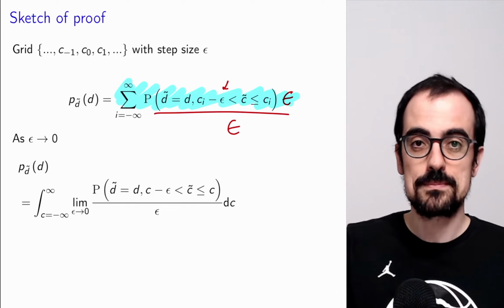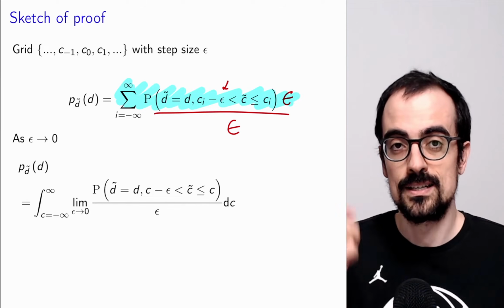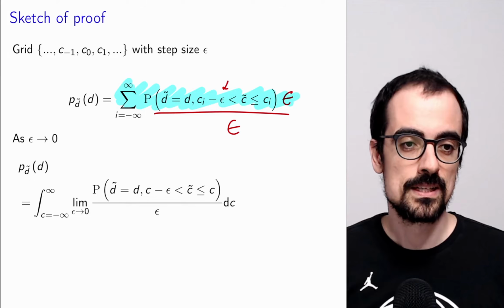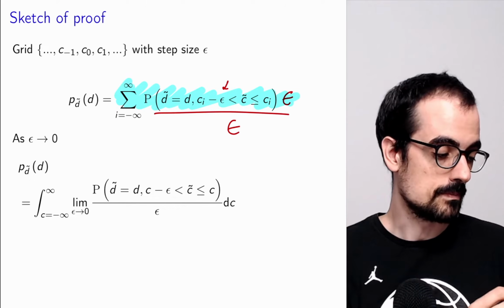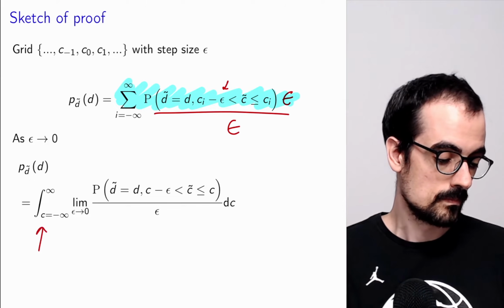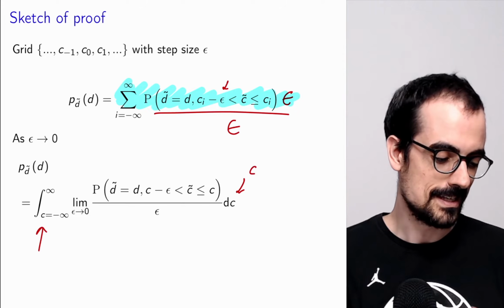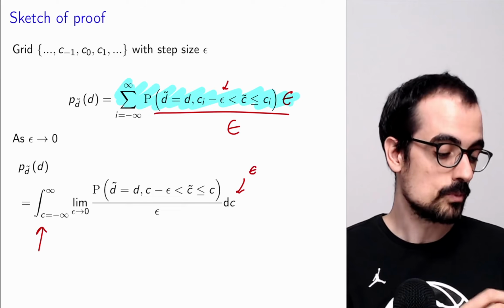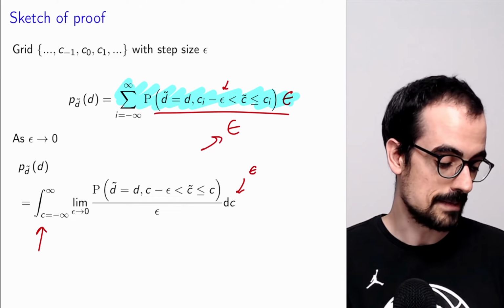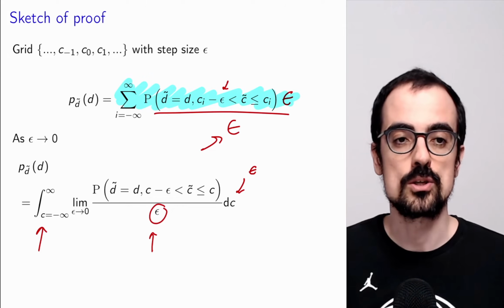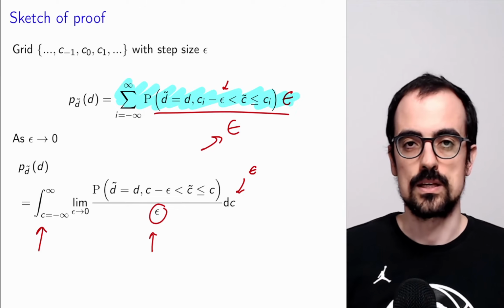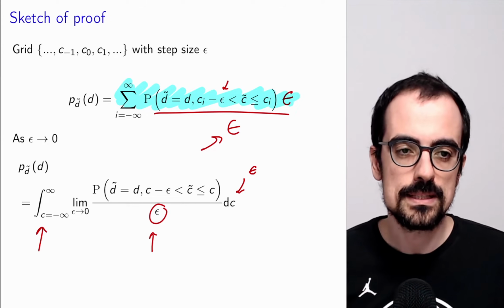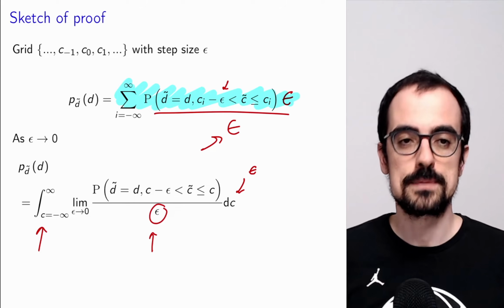You multiply by epsilon, you have this sum, and you take the intervals to 0. So that's where this integral comes from. And this epsilon becomes a differential. But we have divided by epsilon, so this is why there's an epsilon appearing here. All right, so this sum that we have defined becomes an integral in the limit, and 1 over epsilon appears.